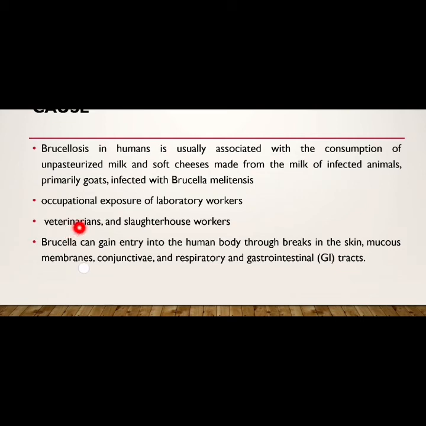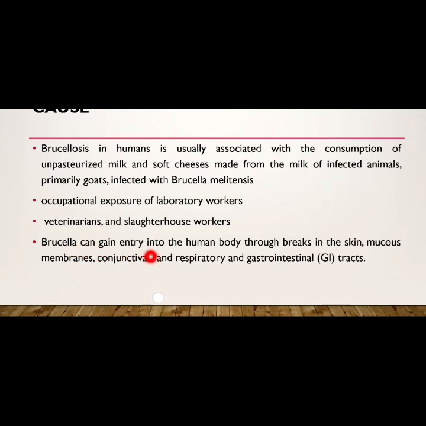Also, occupational exposure of laboratory workers, veterinarians, and slaughterhouse workers. These occupations, of course, with animals are more dangerous for brucellosis than others.